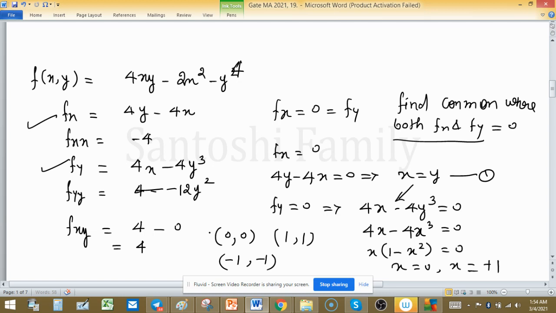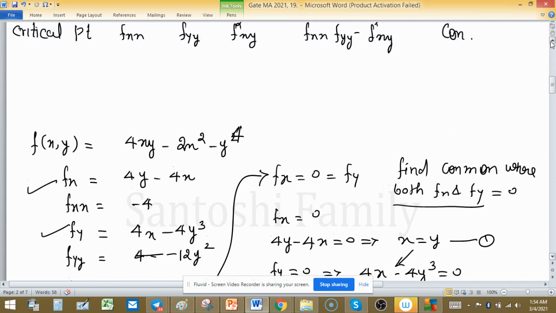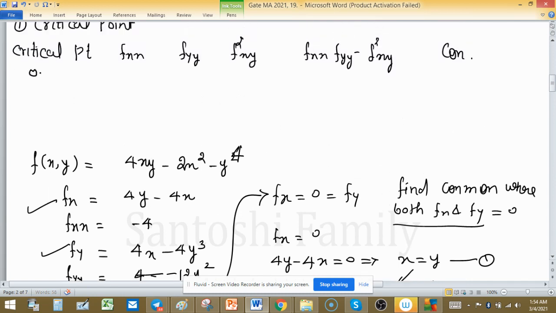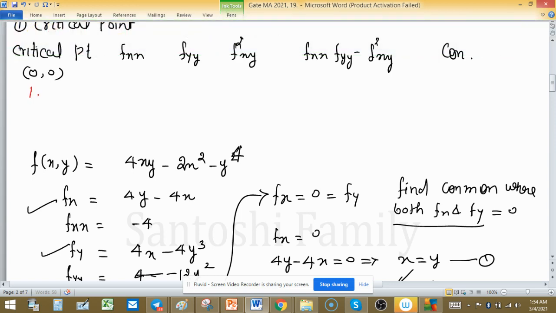Checking, these make both fx and fy 0. So the critical points are (0,0), (1,1) and (minus 1, minus 1).